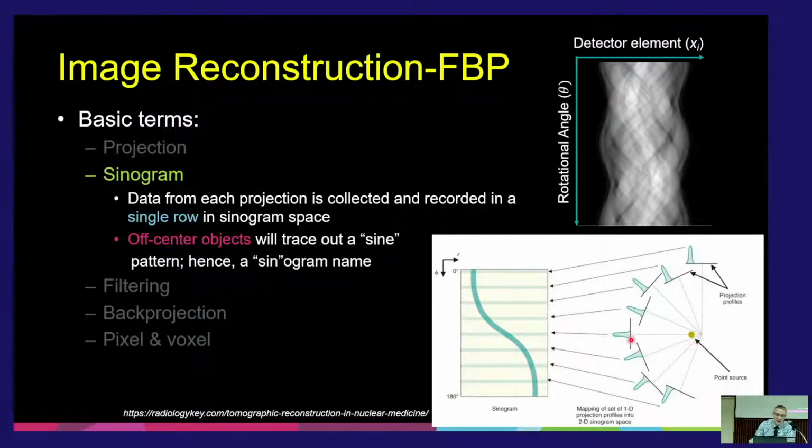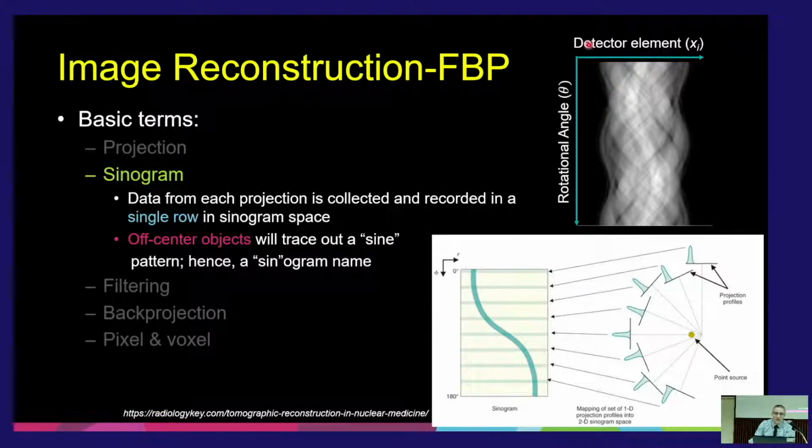But if anything is off center in the body, it's going to be at different points as the machine spins around, and it will carve out something that looks like a sine function. So they decided to call it a sinogram. That's kind of where the name came from.